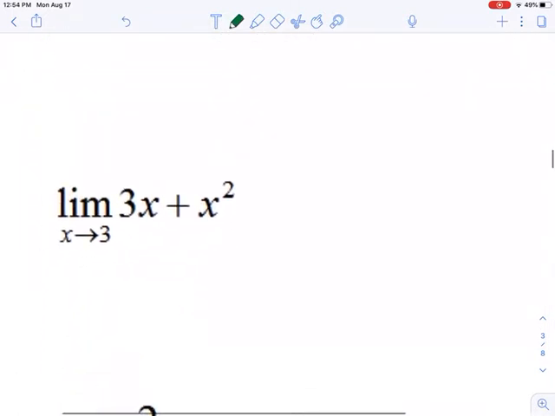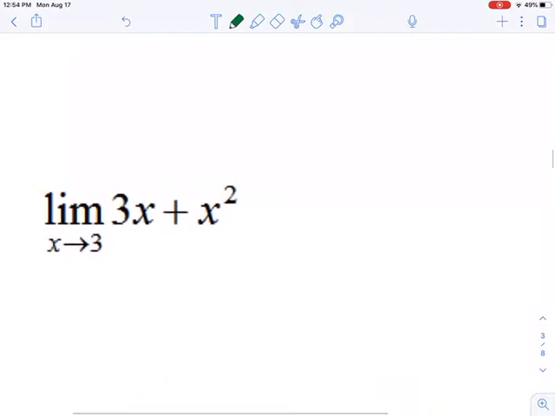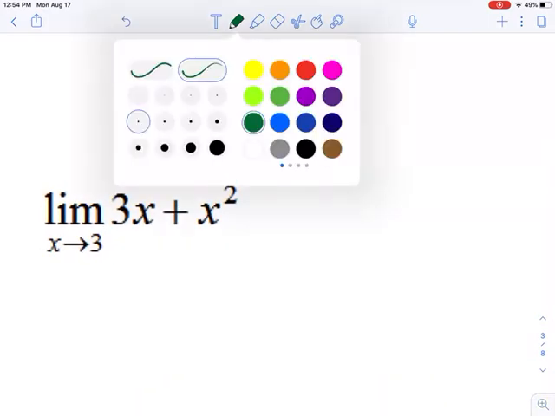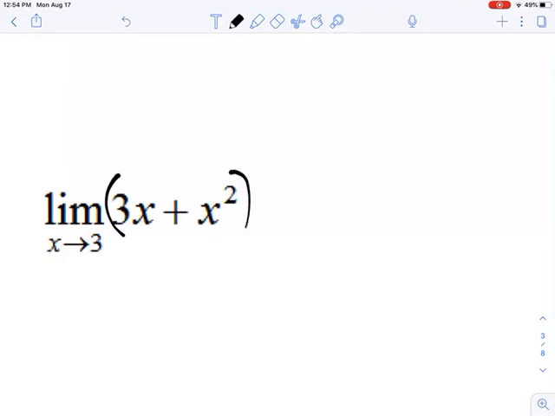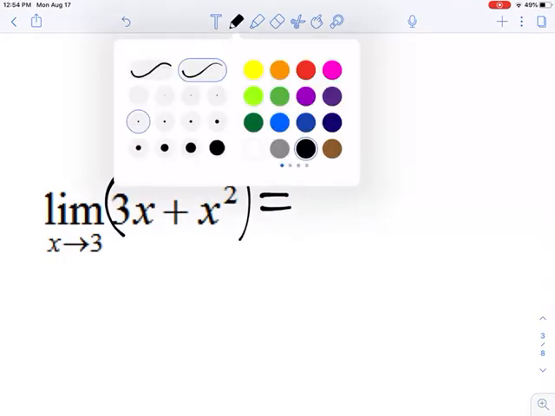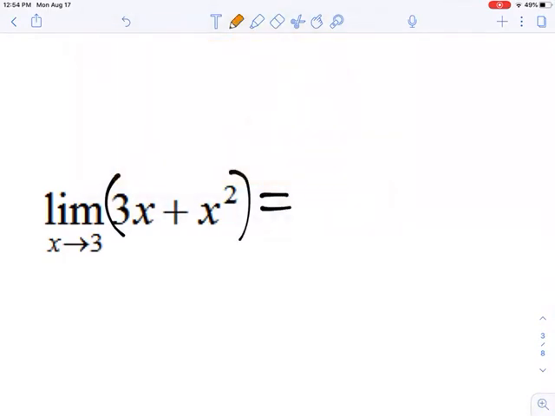Okay, so let's see what this looks like. Here I have the limit as x approaches 3 of 3x plus x squared. In order to evaluate this limit, we're going to take that number right there and throw it into our function.